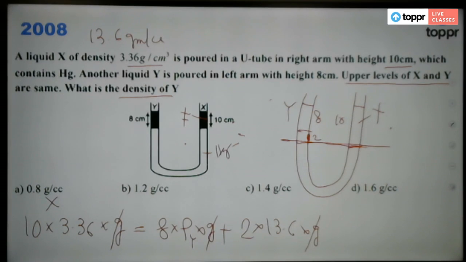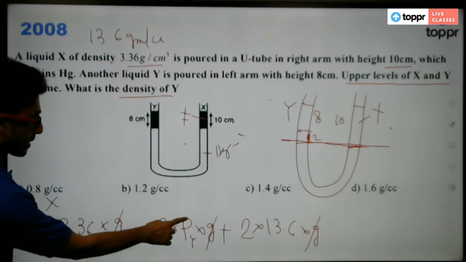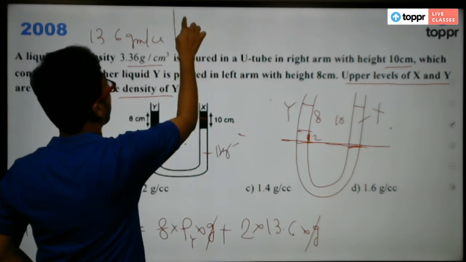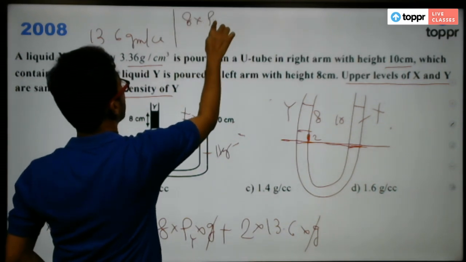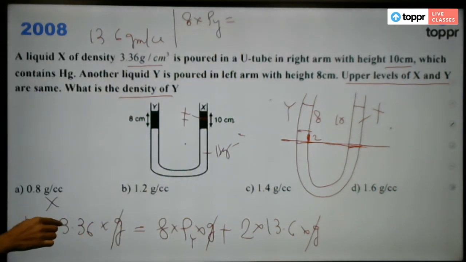Now we have to calculate a little bit. So I'm doing 8 into rho Y is equal to how much?